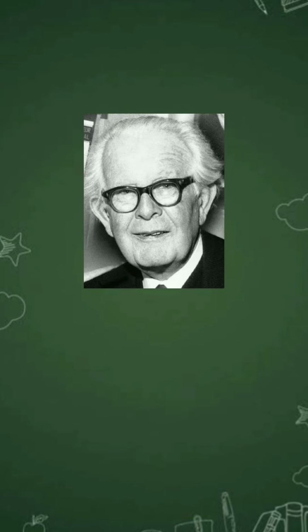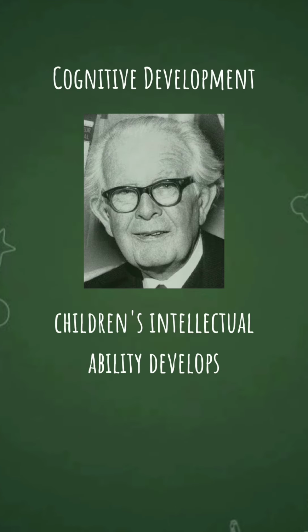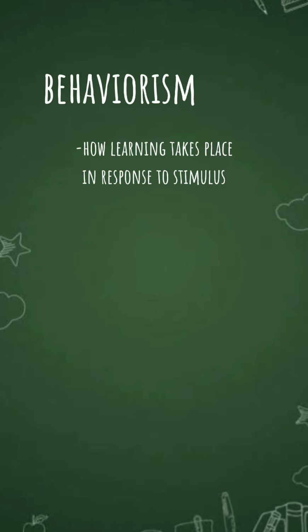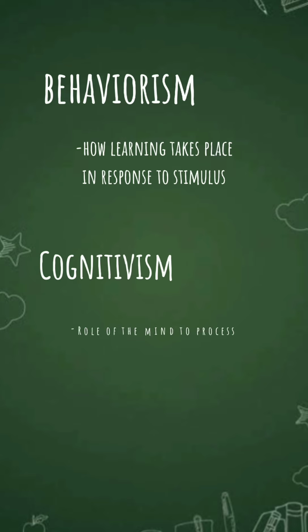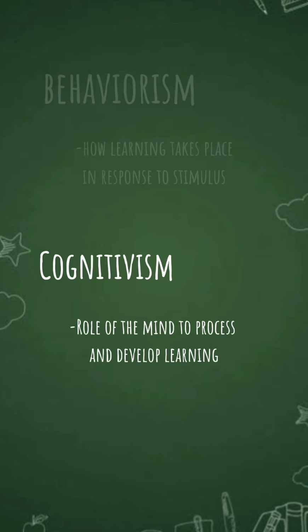Piaget is a Swiss psychologist known for his theory of cognitive development that looks at how children's intellectual ability develops throughout childhood. Cognitivism was developed as a reaction to behaviorism. While behaviorism focused on how learning takes place in response to a stimulus, cognitivism is concerned with the role of the mind to process and develop learning.